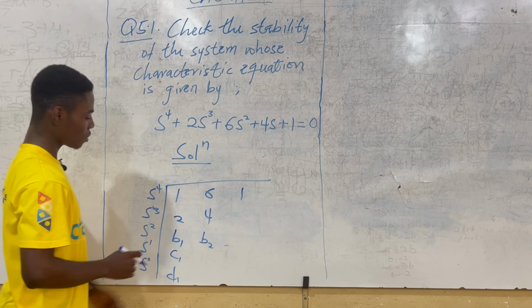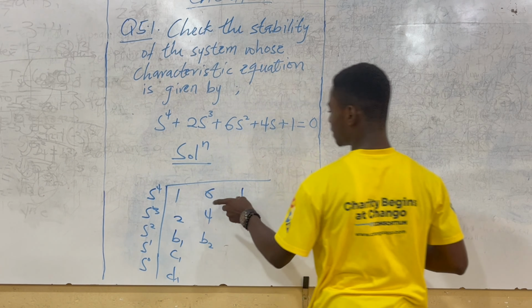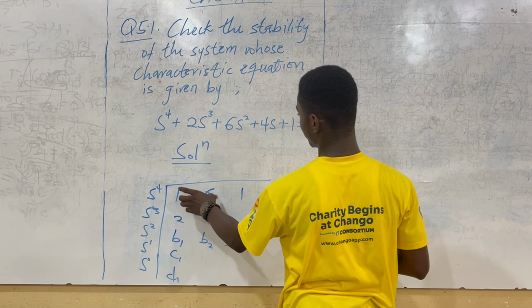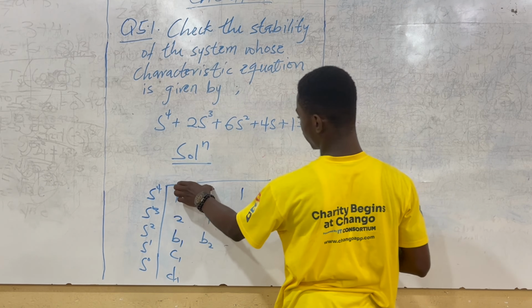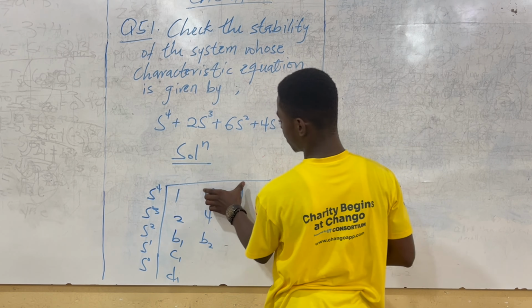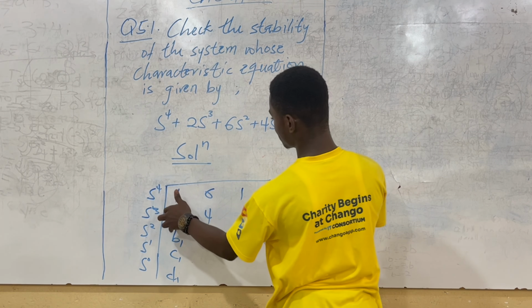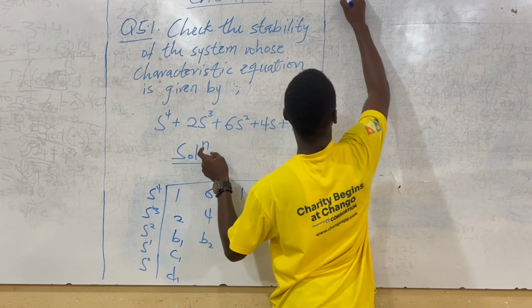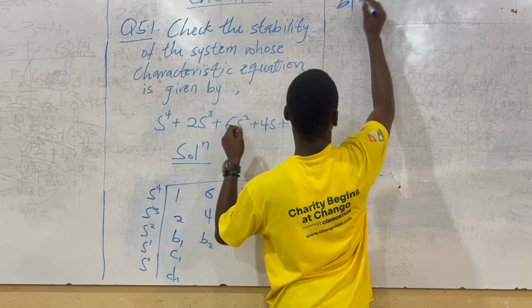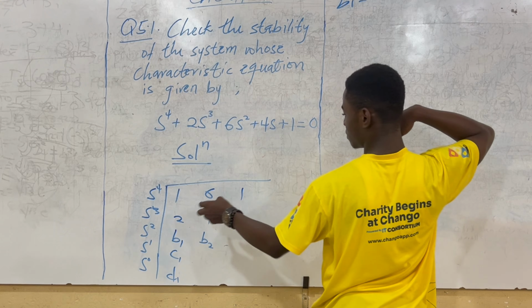We determine that by finding the negative determinant of this section, then solving for the other section. Maybe how I'm saying it, you may not get it, so let me solve it as I said.